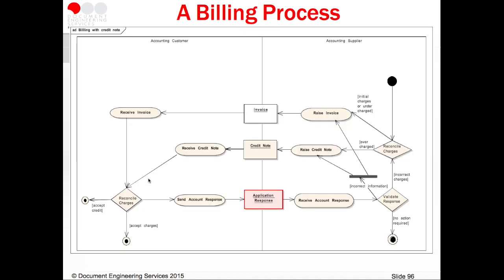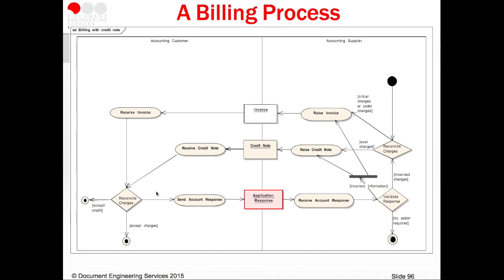If we jump forward now into the billing process, we can see that now we have different swim lanes. We have the accounting customer and the accounting supplier. And the accounting supplier will raise an invoice that'll be received by the customer.